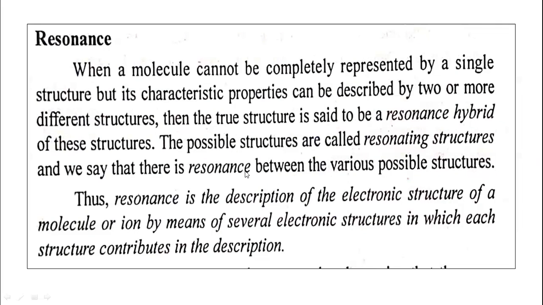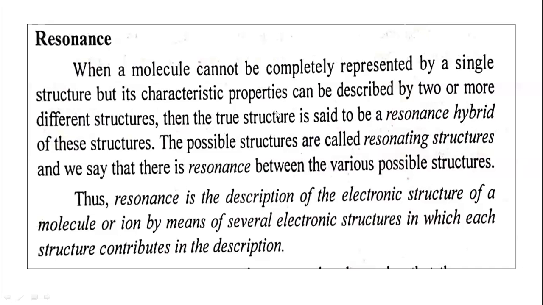When a molecule cannot be completely represented by a single structure, but its characteristic properties can be described by two or more different structures, then the true structure is said to be a resonance hybrid of these structures, and the possible structures are called resonating structures. We can say that there is resonance between the various possible structures.